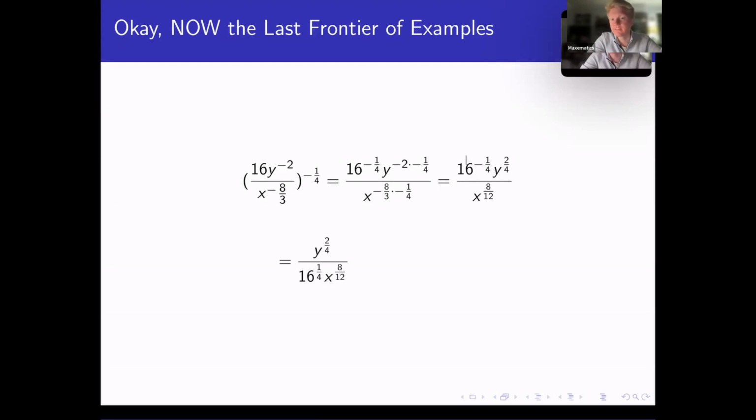And also 16 to the negative 1/4, negative exponent drops down to the denominator. 16 to the 1/4 says 4th root of 16. 4th root of 16 is 2. Y to the 2/4, y to the 1/2, x to the 8/12, x to the 2/3. Well, I wouldn't really change x to the 2/3, but y to the 1/2 we know is square root of y. Okay, and that was the last example.